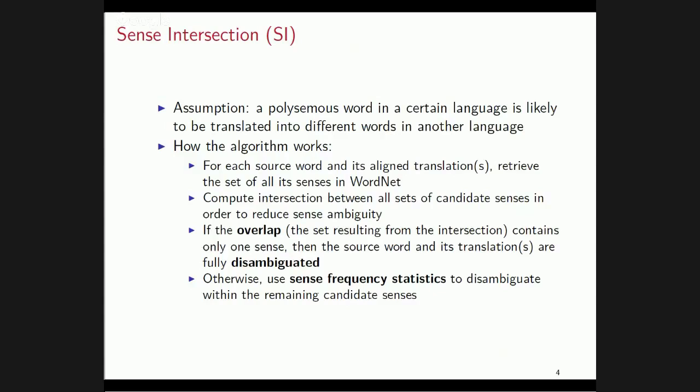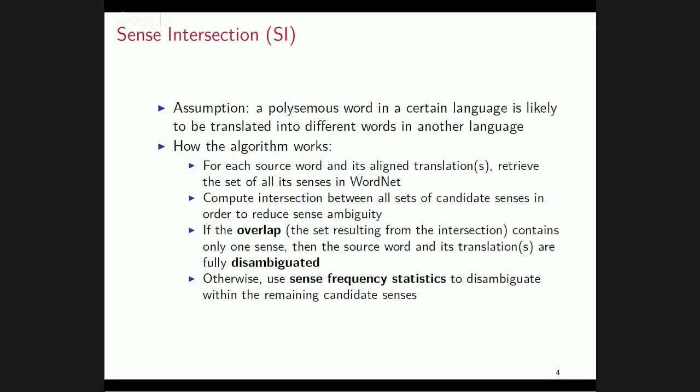Then we simply compare those sets of synsets, and we compute the intersection. In the end, we will have an overlap, and the senses included in this overlap are all the senses that are shared between the three lemmas. In the best possible case, of course, there will be only one sense, and then we will have disambiguated the target word in English, Italian, and Romanian.